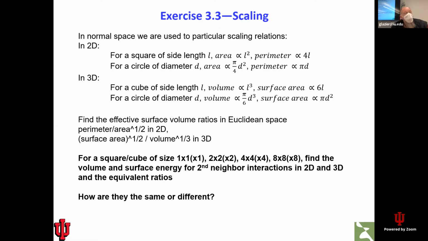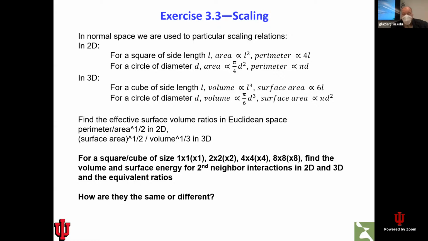it's easier to do. If I have a square, the volume is 1, and the surface was 4. We calculated that. If I had a 2 by 2 square, the volume is 4, and the surface is 1, 2, 3, 4, 5, 6, 7, 8. The surface is 8. And so the volume went up by 4, and the surface went up by a factor of 2.